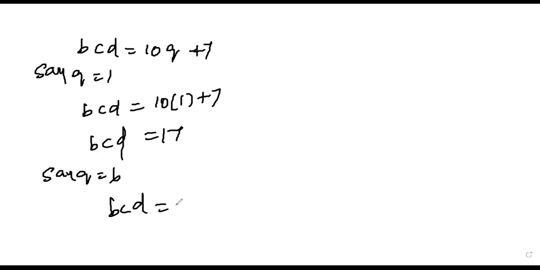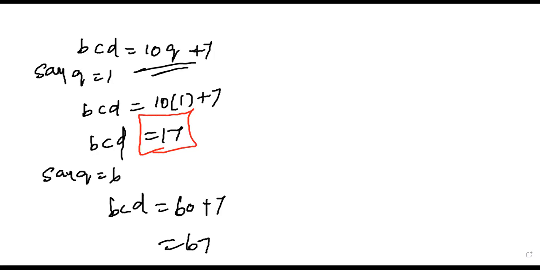You will have 60 plus 7, 67, right? Like this becomes 10 into 6, 60, 60 plus 7, 67. So you will get 17 or 67. So the last two digits of the BCD are 17 or 67.